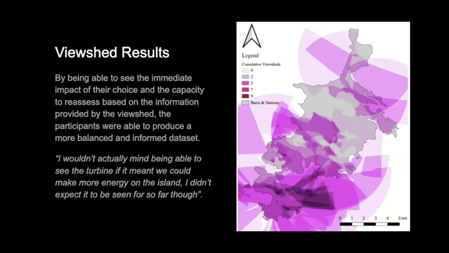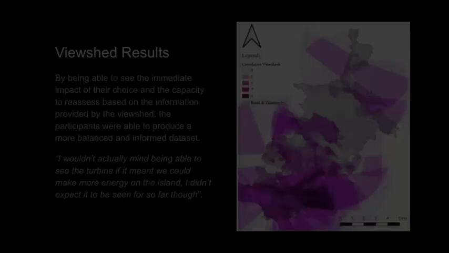So this specifically indicates the benefit of having the viewshed over a point-based tool, as the user is able to make an educated decision based on the impact rather than just clicking with no contextual information. So whilst there aren't a great number of viewsheds submitted, they hold much more valuable data.